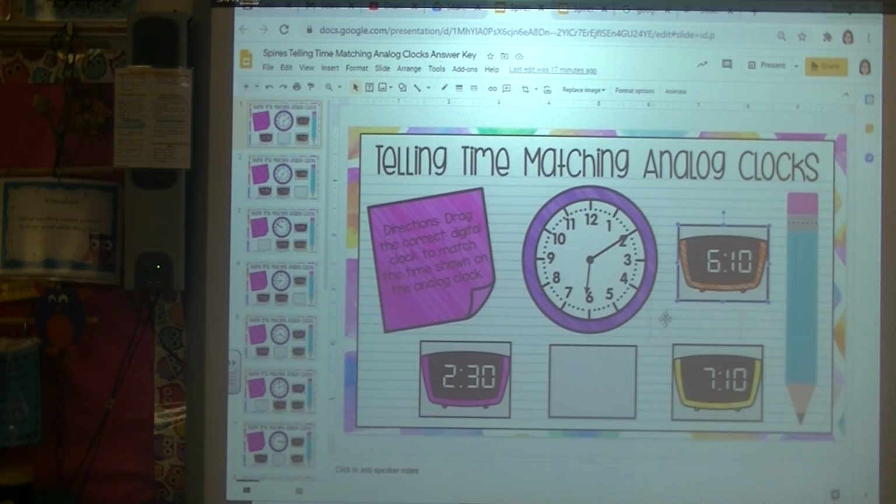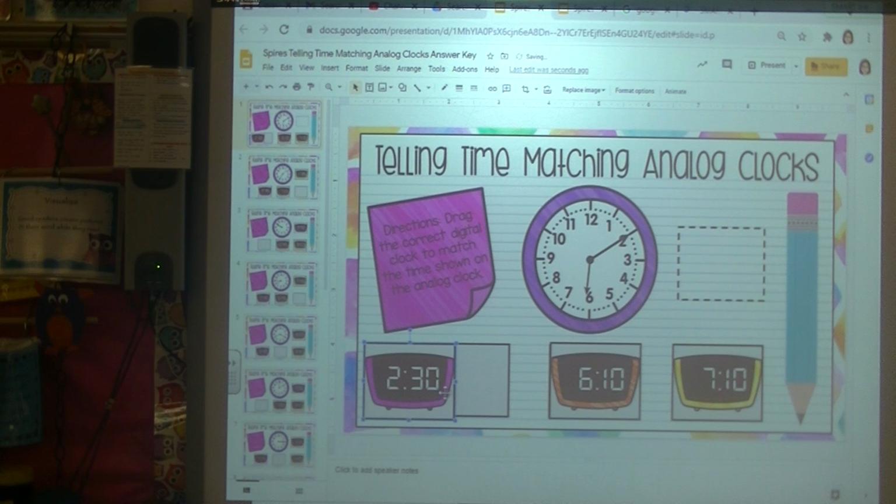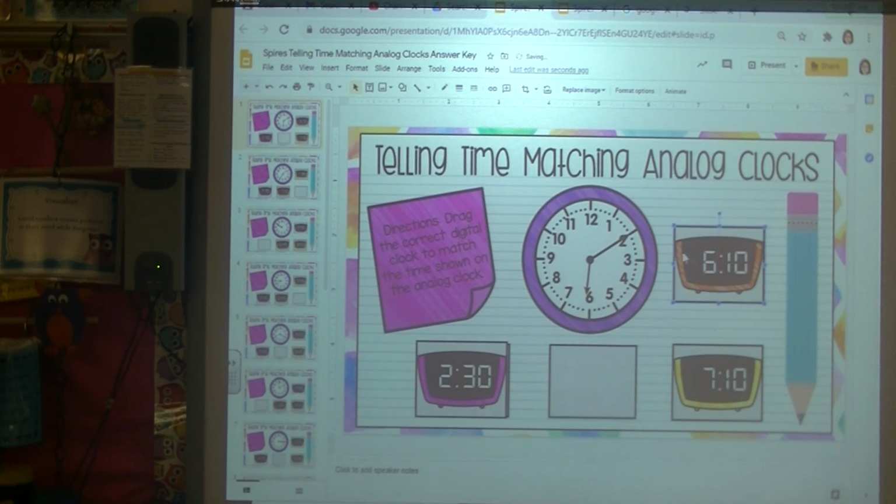So I will drag 6:10 to the square. So I click on it, and I drag it to the square. I'm sorry, they're supposed to be down here, and you're supposed to put it up here. Someone's already moved them.